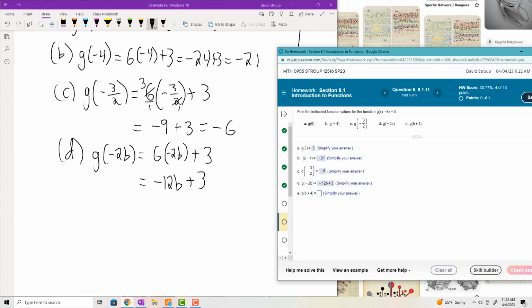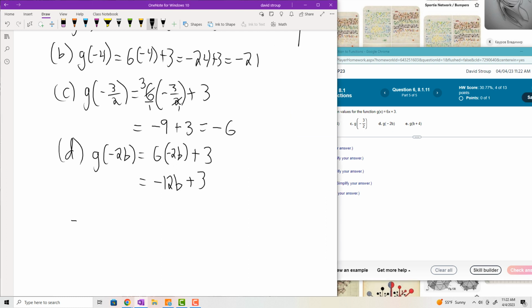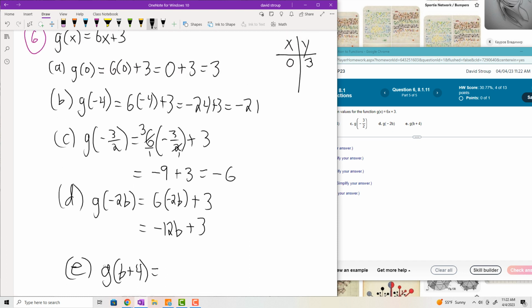And then you could put other linear functions into linear functions. So you could say g of b plus 4. And wherever you see the x, you're going to put b plus 4. So it's like substitution. When we did solving systems by substitution, you're going to go 6 times b plus 4. That's where the x would have been.